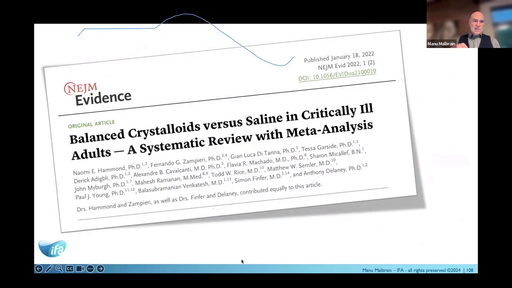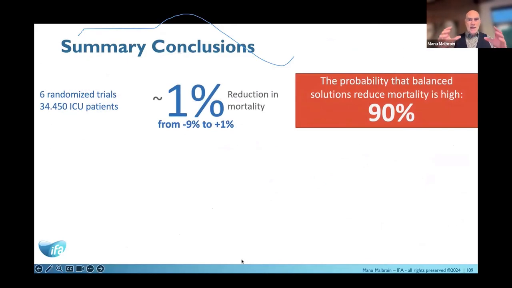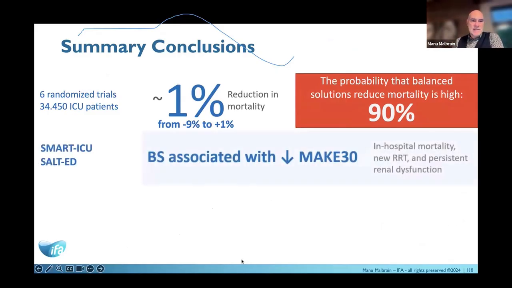Now, recently came out a systematic review and meta-analysis combining the results of 6 randomized trials, going from the SPLIT, the SALT, the SMART, the PLUS, and the BaSICS trial. And the bottom line is that balanced solutions have a 90% probability of reducing mortality by 1%.